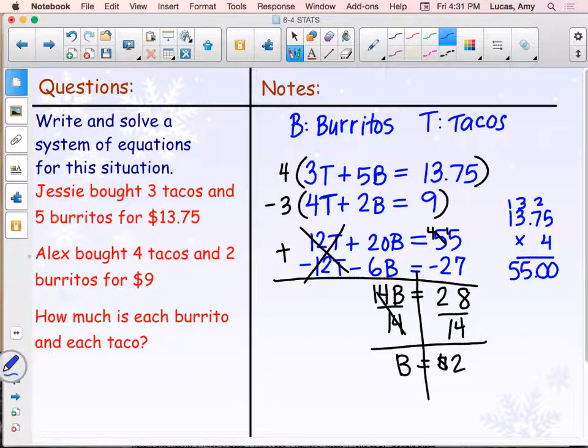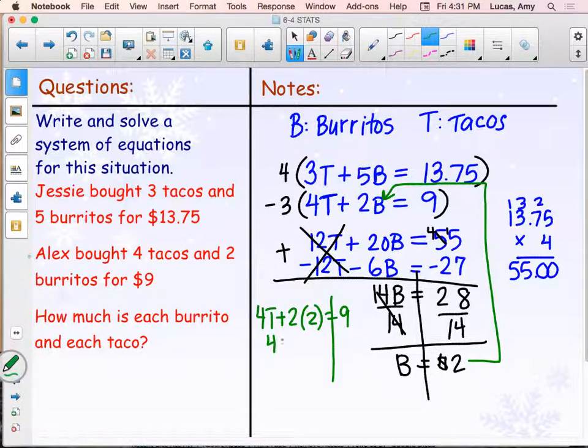$2 each, nice number. Now I'm going to take that $2 and go to the bottom equation because I like the numbers better in that one. 4t plus 2 times $2 equals 9. So 2 times 2 is 4. If I subtract 4, 9 minus 4 is 5, so 4 tacos are $5.